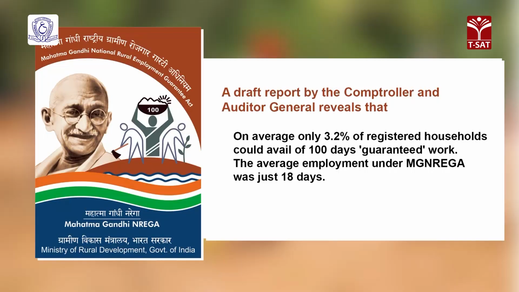Without reforms in the implementing structure, schemes aimed at social inclusion will continue to be afflicted by the poor quality syndrome. For example, in MGNREGA, a draft report by the Comptroller and Auditor General reveals that on average only 3.2% of registered households could avail of 100 days of guaranteed work. The average employment under MGNREGA was just 18 days.